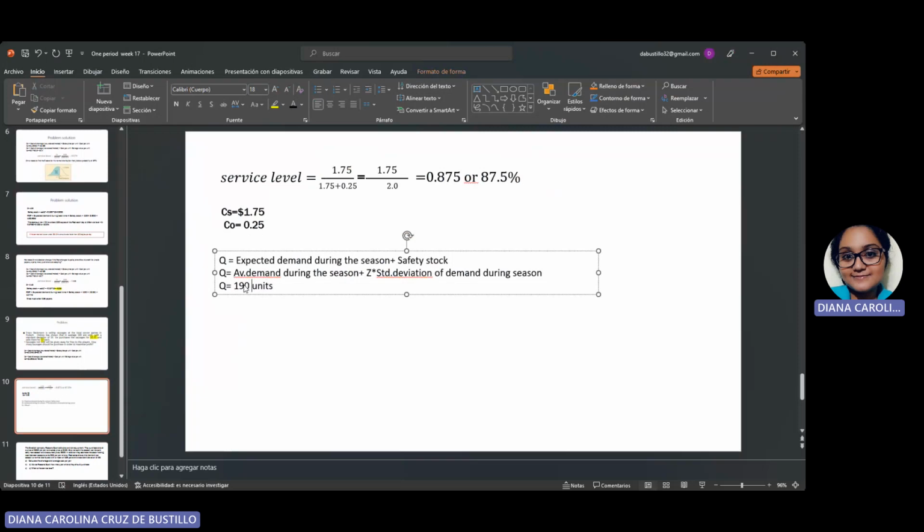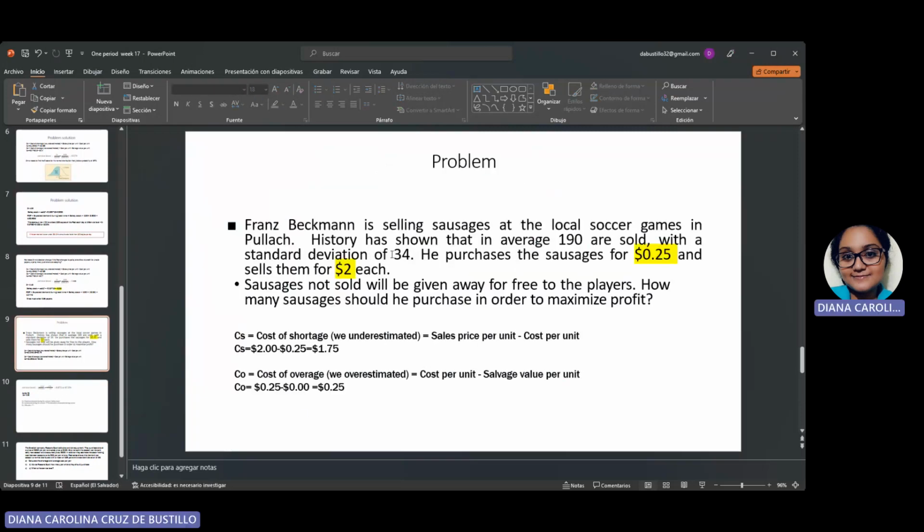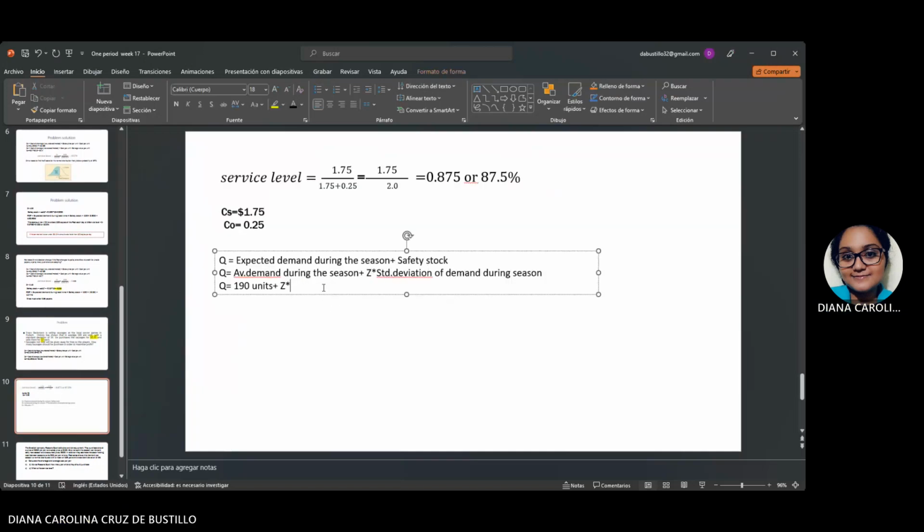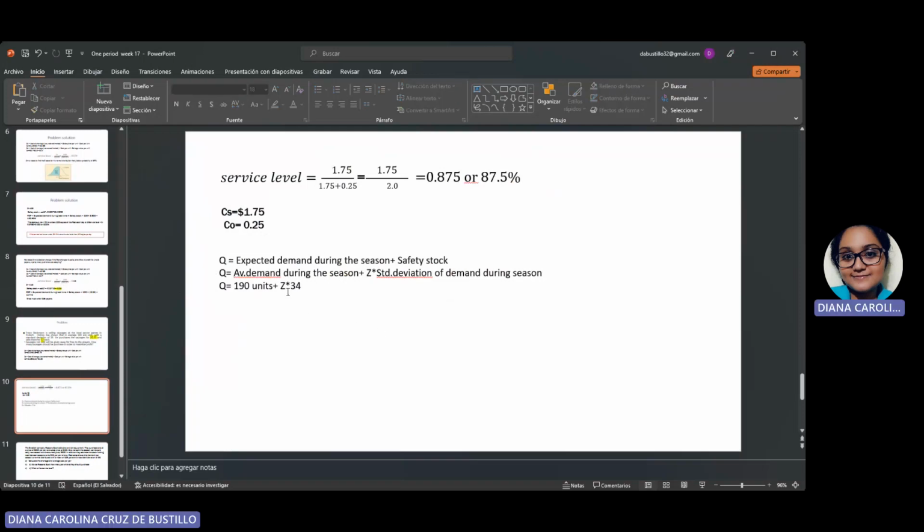Okay. Now, what else do we know? The C value, we don't know it yet, but we can estimate it with this service level. And the standard deviation of the sausages during the football season, we know it, which is 34. So all we need to calculate now are units, right?